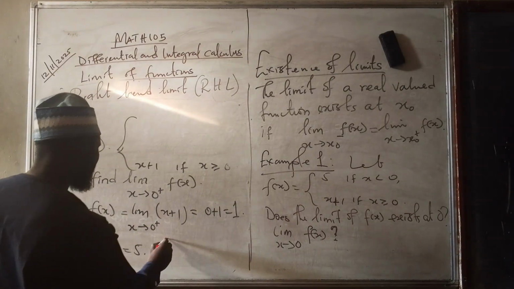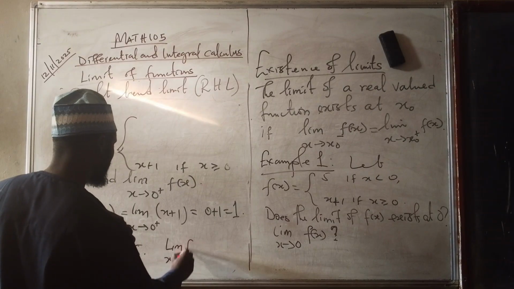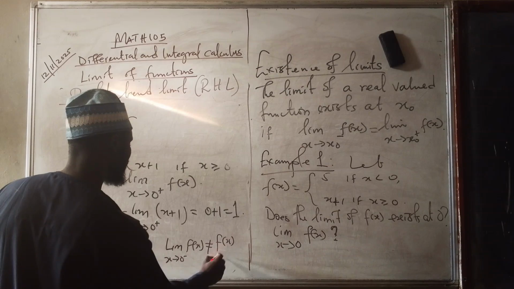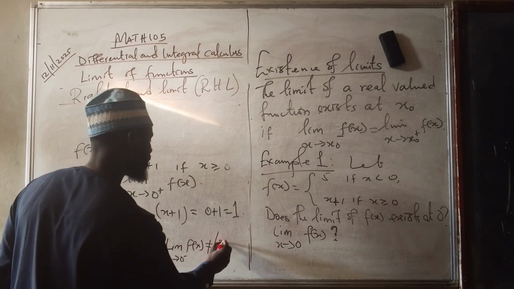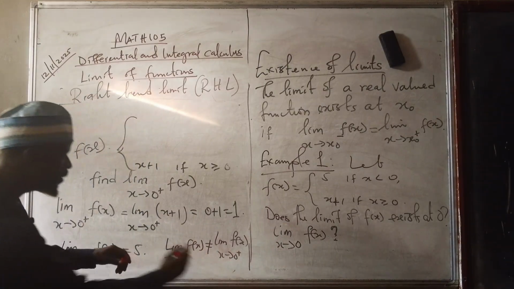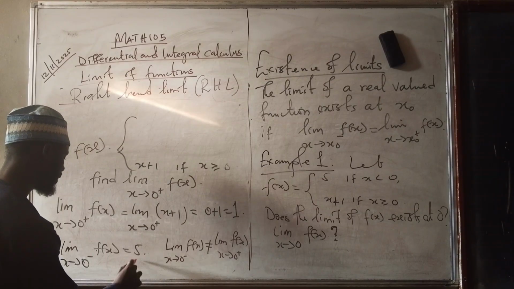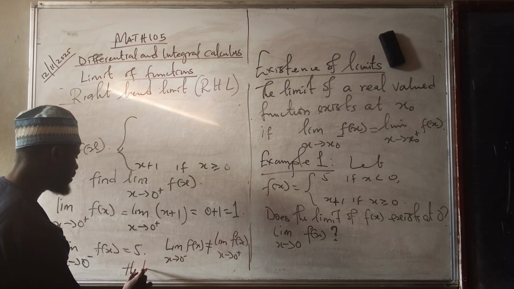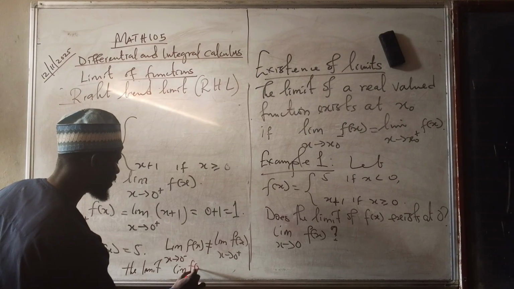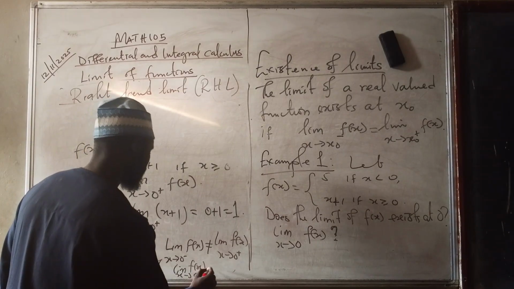So you see that the limit as x tends to 0 to the left of f of x is not equal to the limit to the right of f of x. The two limits are not the same. And therefore, we conclude here that the limit of f of x as x tends to 0 does not exist.